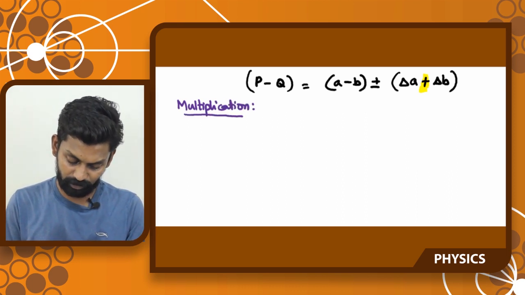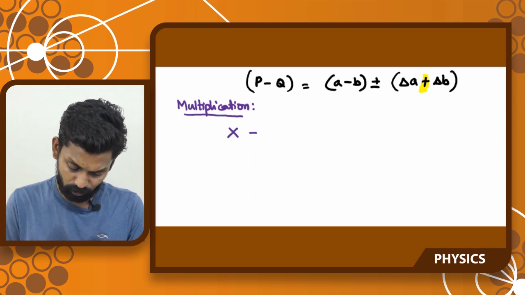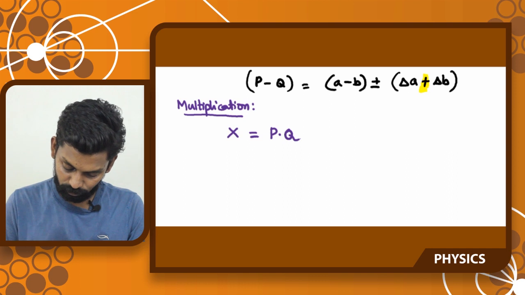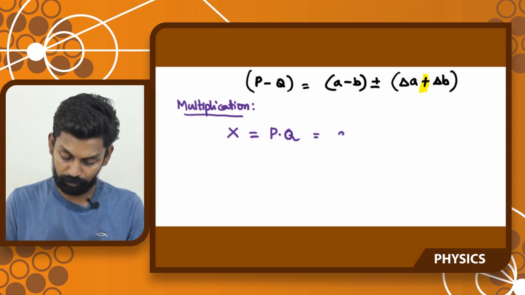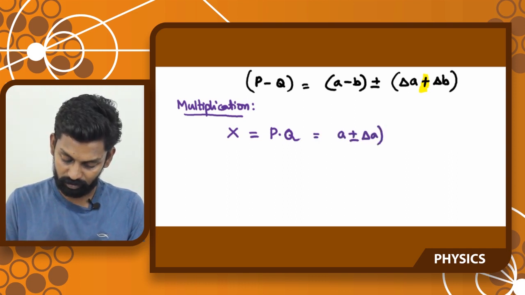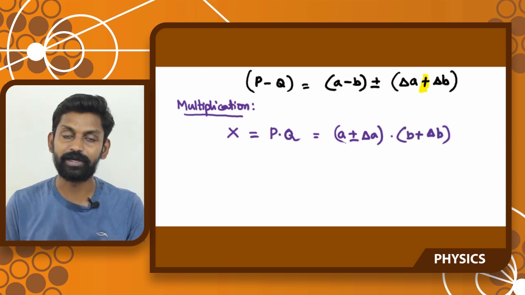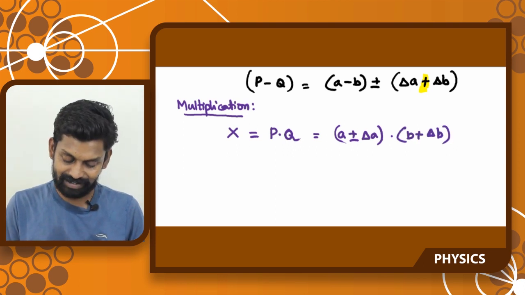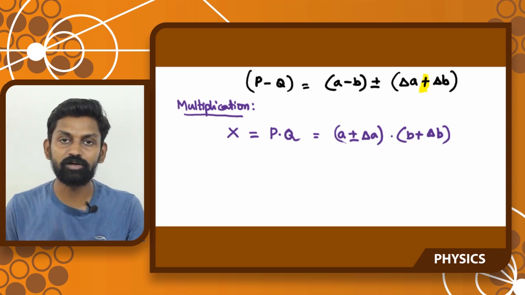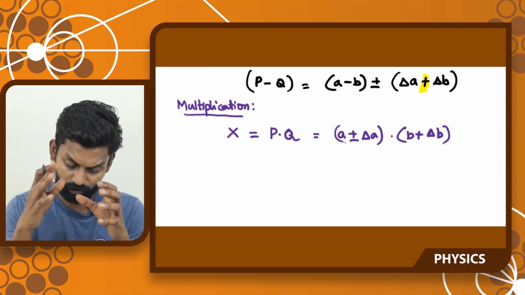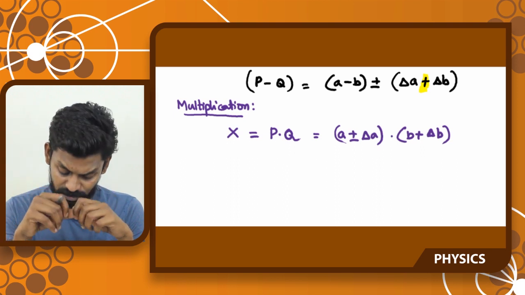When we are multiplying, let us write x is equal to P into Q. So we have to write it as A plus or minus delta A and B plus or minus delta B are multiplied. Now x is equal to PQ, and we use a little bit of differentiation here.